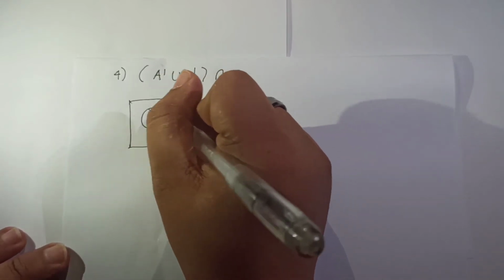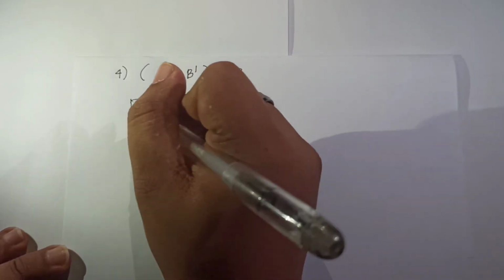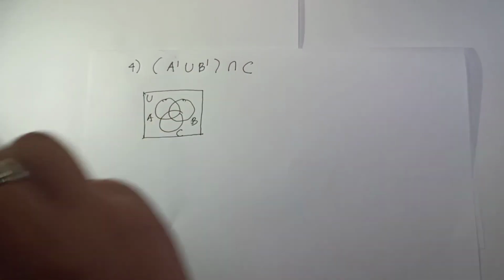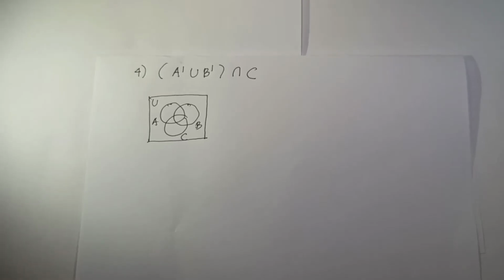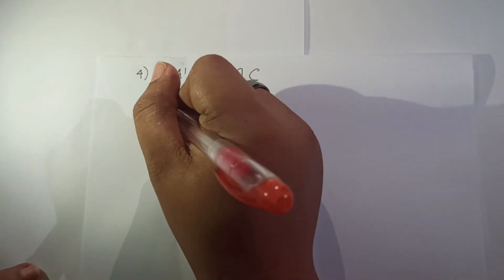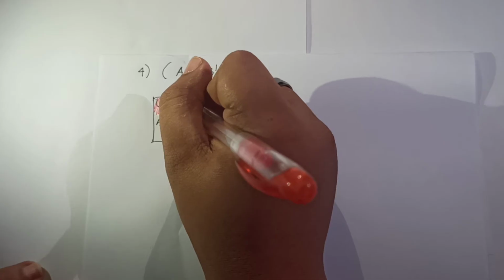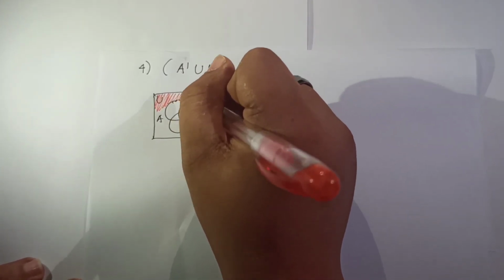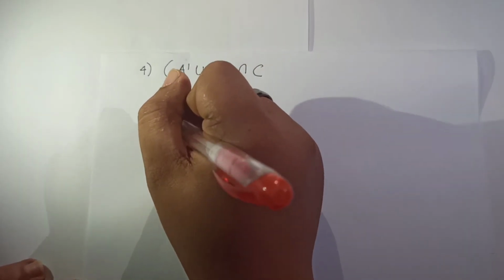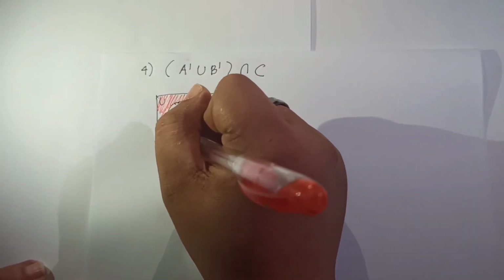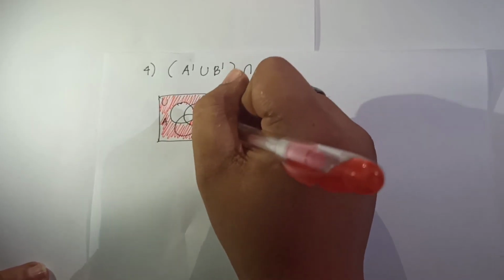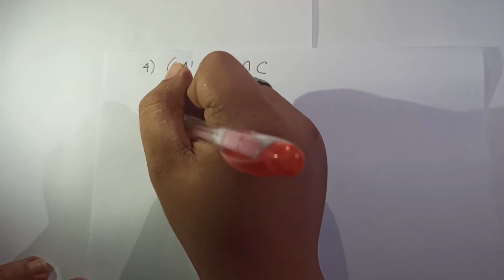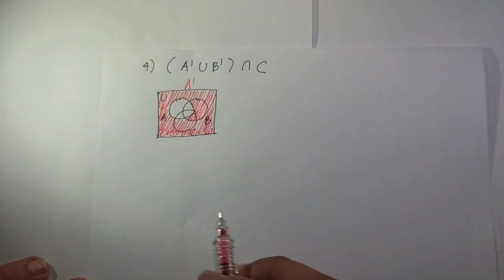Okay, so 3 circles, A, B, and C. Since we're going to get for A prime, so not included ang A in the shading. Only A is not included. So that is our A prime.